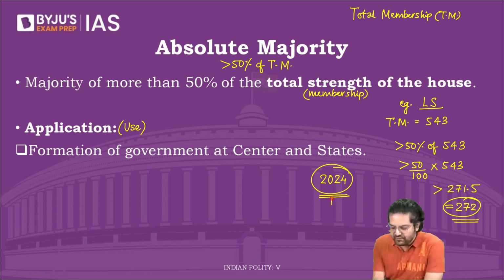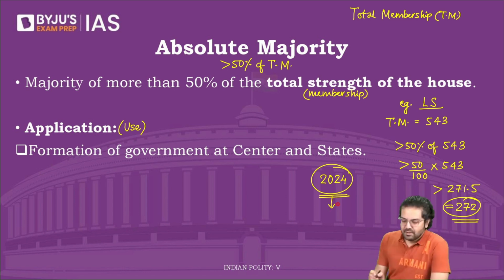We will have to observe that whichever party crosses this magical figure of 272, that party will form the government, Congress or BJP. 272 or more. Are we clear on this?